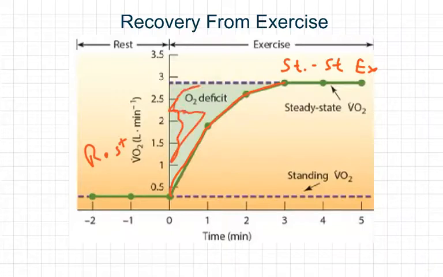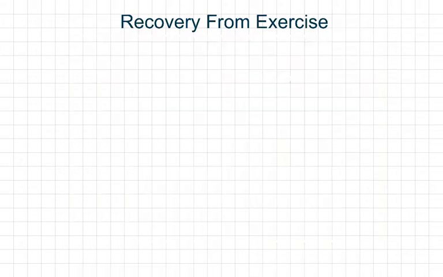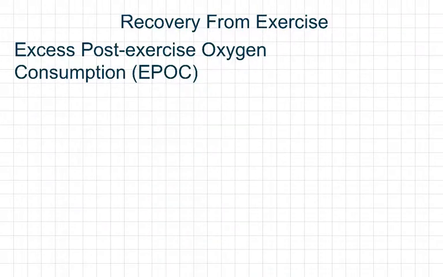And again, we said this can take anywhere between 1 to 4 minutes. And so we call this repayment of the O2 deficit that we see at the onset of exercise excess post-exercise oxygen consumption, or EPOC for short.